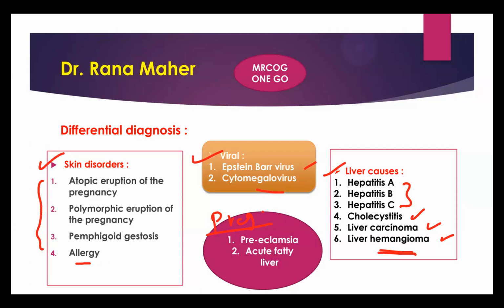So that's why we will keep it in the differential diagnosis. Let's recap again. Skin disorders: atopic eruption of pregnancy, polymorphic eruption of pregnancy, pemphigoid gestationis, and allergy. Viral causes like Epstein-Barr virus, cytomegalovirus. Pregnancy-related: preeclampsia, acute fatty liver. Liver causes: hepatitis A, B, C, cholecystitis, liver carcinoma, liver hemangioma.